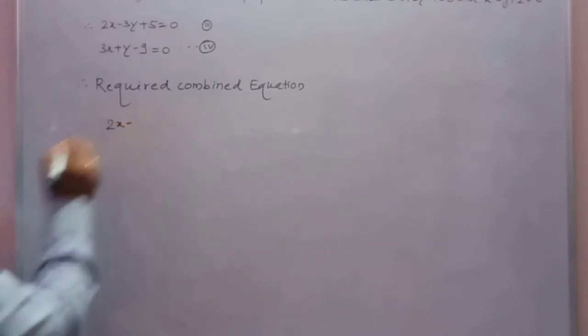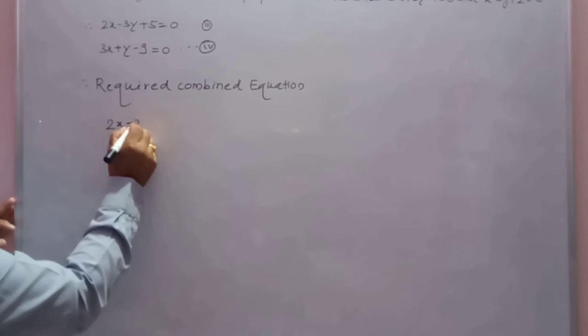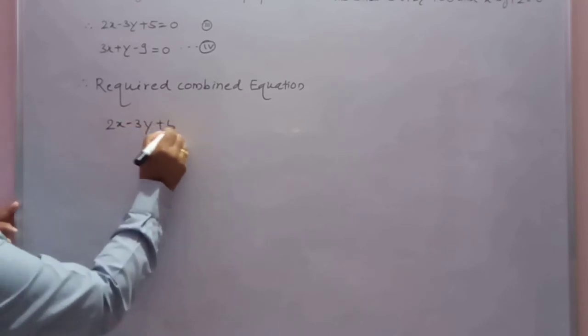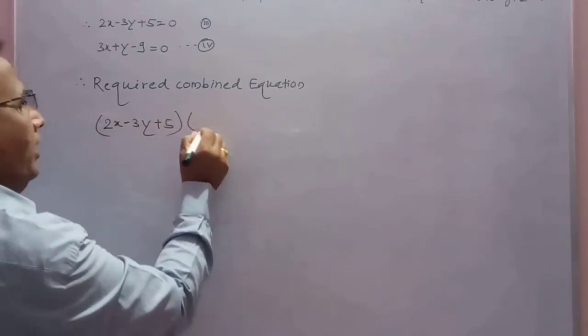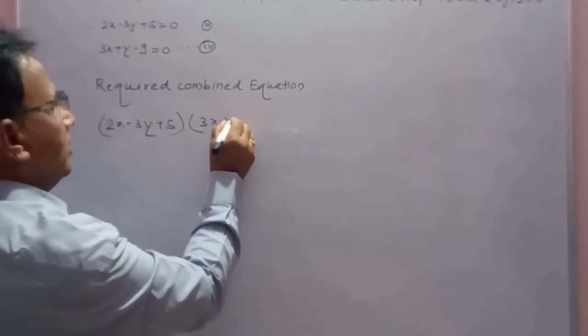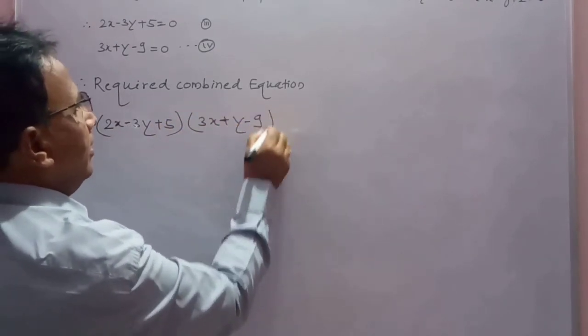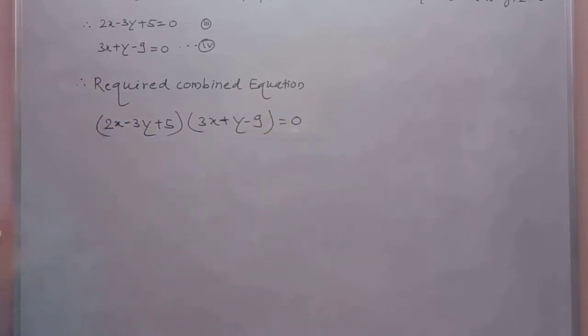The required combined equation: the third equation 2x minus 3y plus 5 into the fourth equation 3x plus y minus 9 equal to 0.